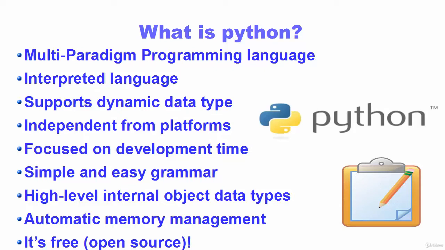Now, Python supports dynamic data types. To understand this, we need to understand the difference between statically typed programming languages and dynamically typed programming languages. Statically typed programming languages do the type checking at compile time as opposed to run time, and dynamically typed programming languages do type checking at runtime as opposed to compile time.